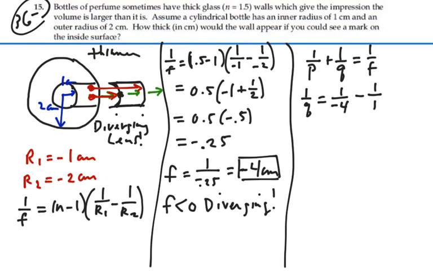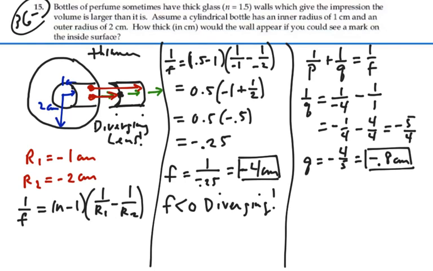So that's 1 over 1. So that's going to be a negative 1/4 minus 4/4, which would be a negative 5/4 for 1 over Q. So Q is going to equal a negative 4/5, or a negative 0.8 centimeters.